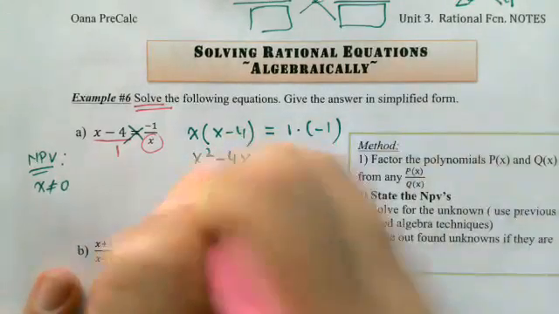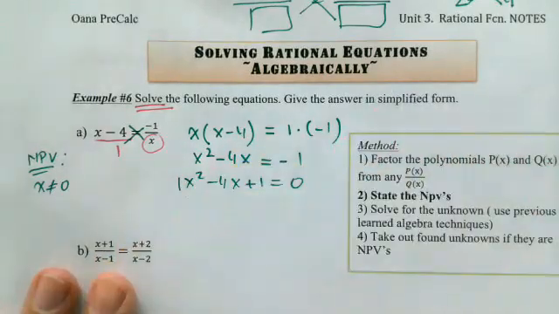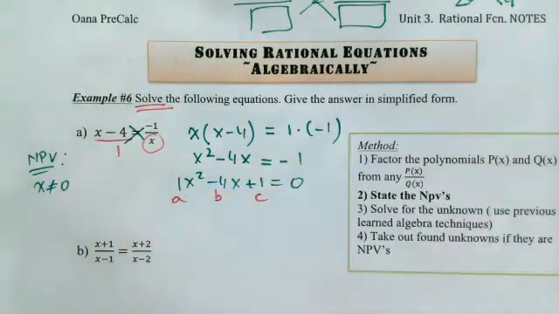So usually when I pass the factorizing method, I go straight to the quadratic formula. So A is 1, B is -4, C is 1, and just apply the quadratic formula to it.